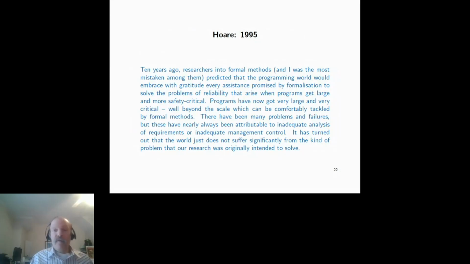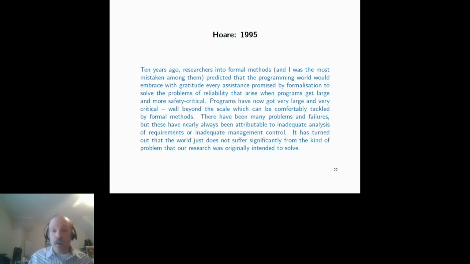Programs by now have got very large and very critical, well beyond the scale which can be comfortably tackled by formal methods. There have been many problems and failures, but these have nearly always been attributable to inadequate analysis of requirements or inadequate management control.